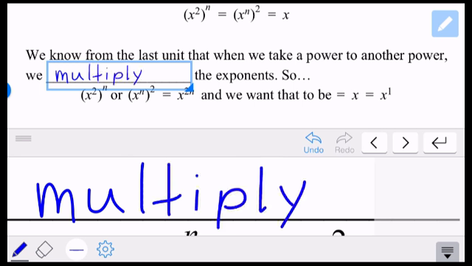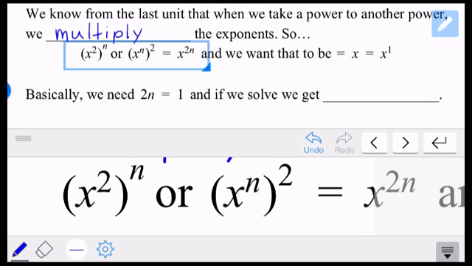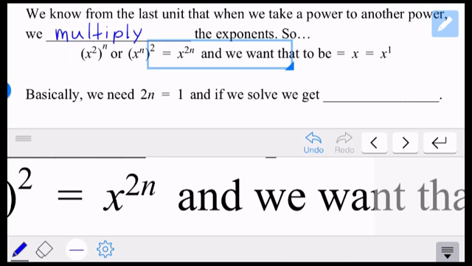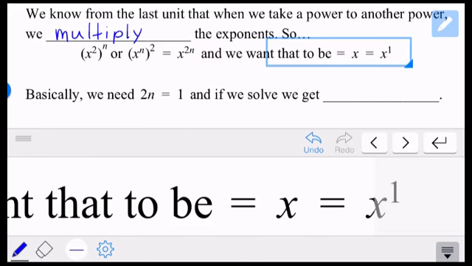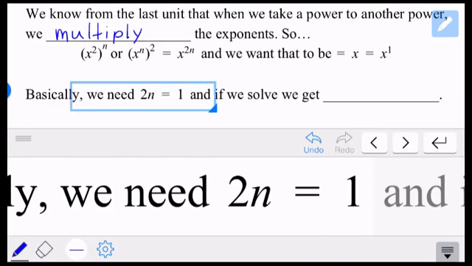So power to another power told us to multiply the exponents together. What that means is if we take those two powers to each other, we would have 2 times n, or n times 2, which would still be 2n. And we want that to simplify just to x, or x to the first power. So we want 2n, whatever that is, to be equal to 1.